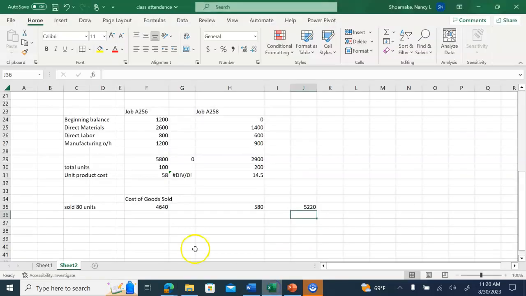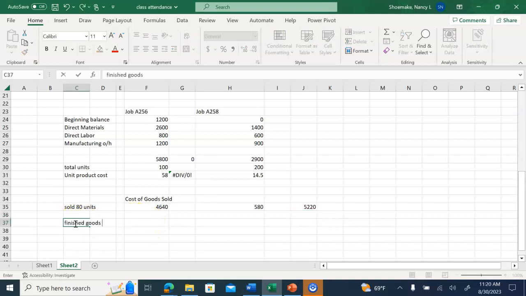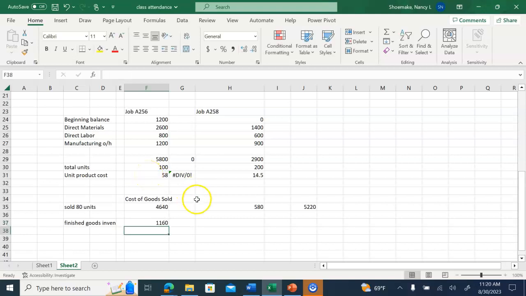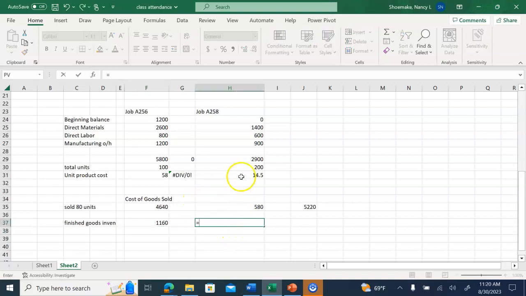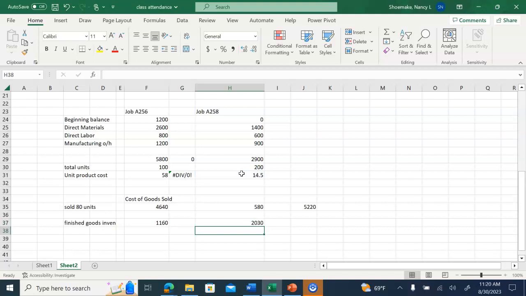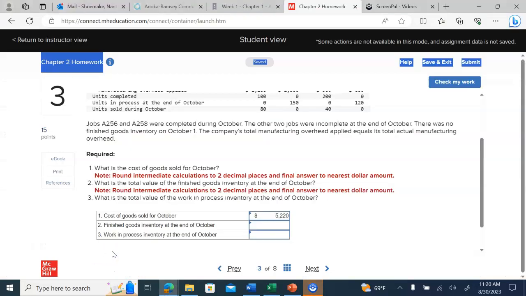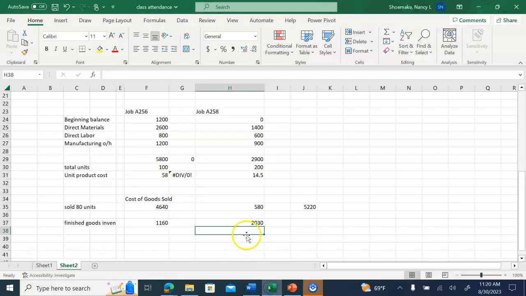So I would say finished goods inventory, it would be the 58 times the 20, or 1,160. And this one should be the $14.50 times 160 units. Let me see, did I do that right?